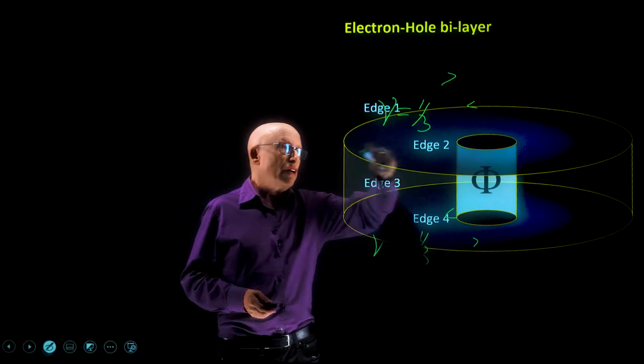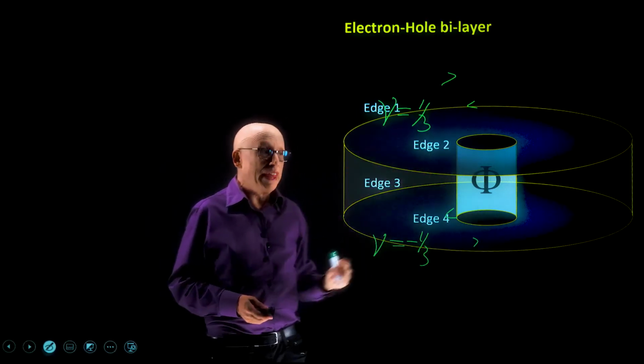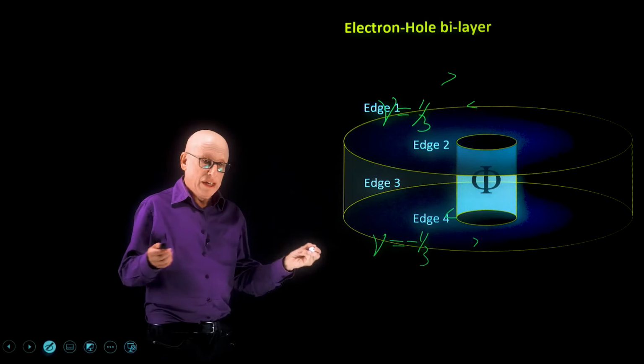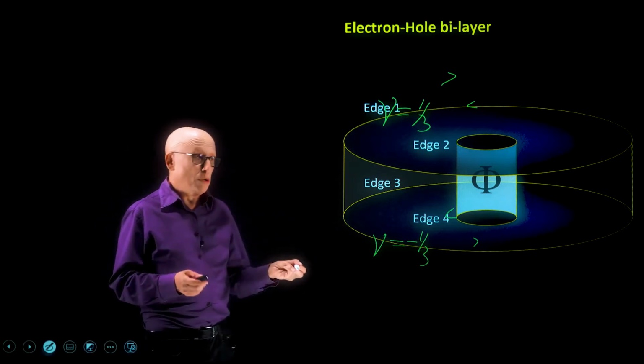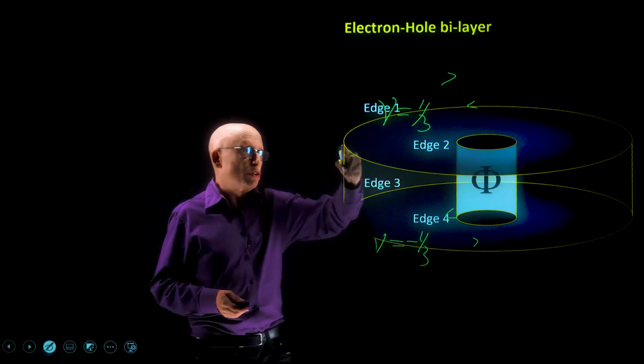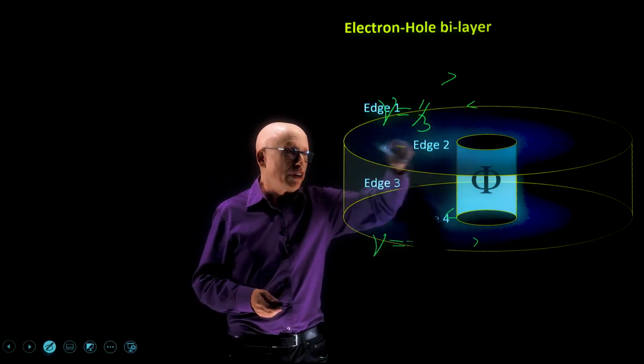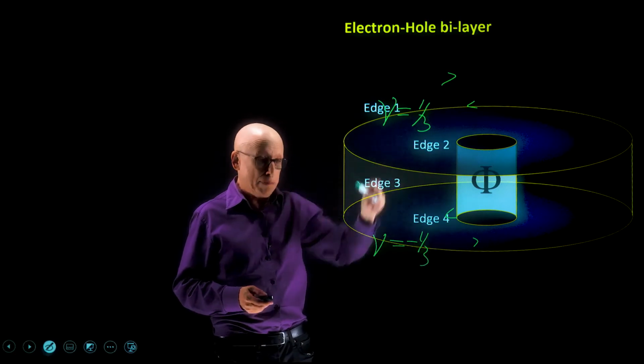Quasiparticles can, however, tunnel within the 2D system that's entirely a fractional quantum Hall system. And we are going to take this size to be very large to make that not happen.